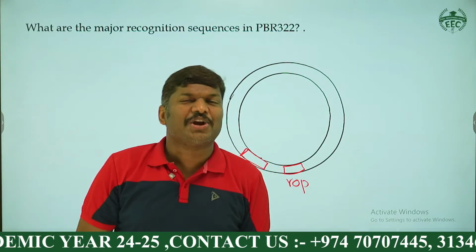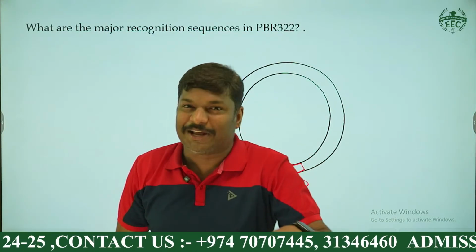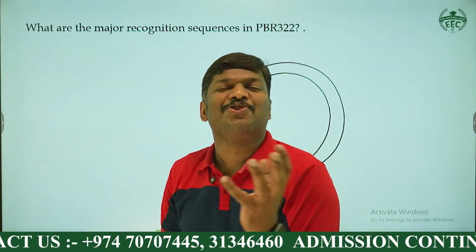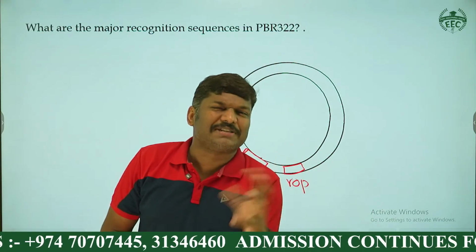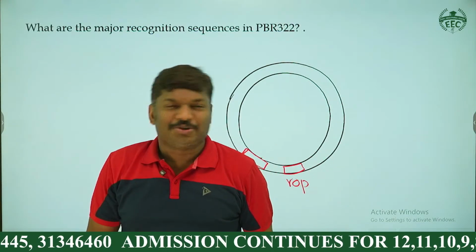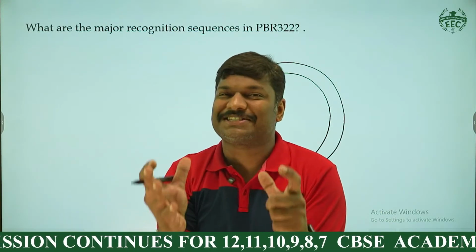But you know, the natural plasmid we cannot utilize in biotechnology, because in biotechnology we want to separate the recombinants and non-recombinants, as well as the transformants and non-transformants. Both are separated using some selectable markers.